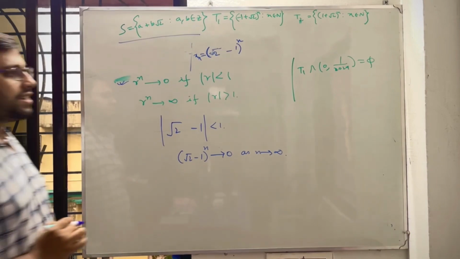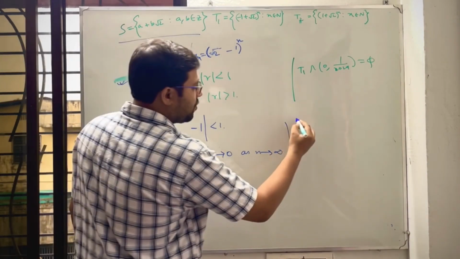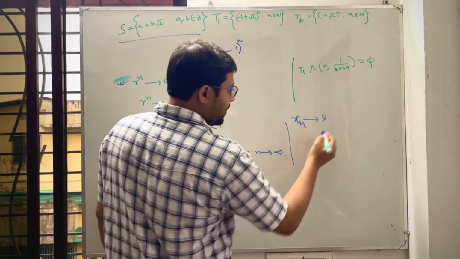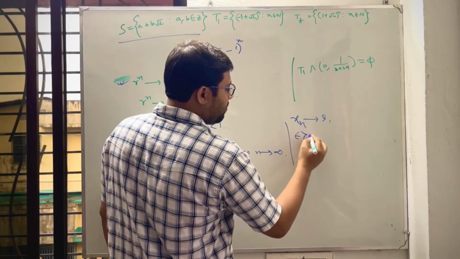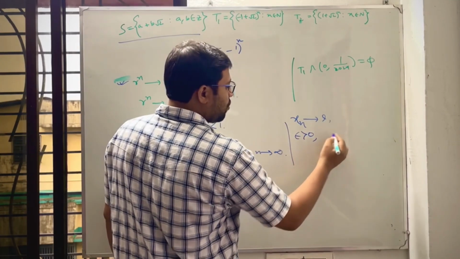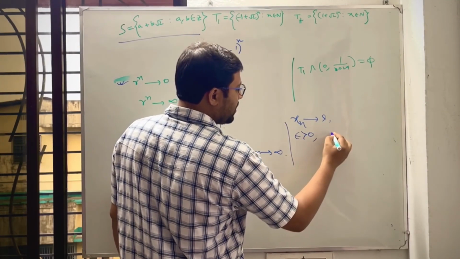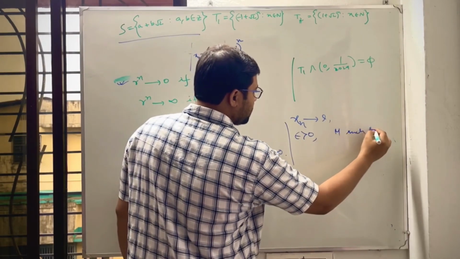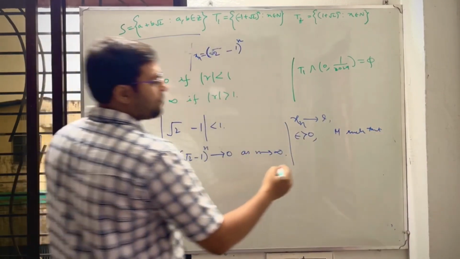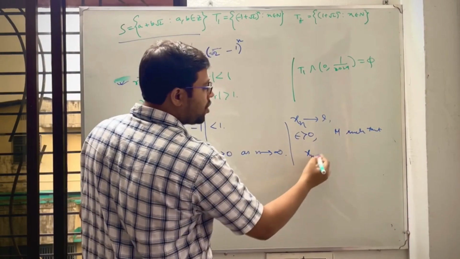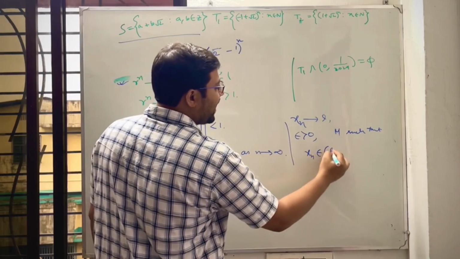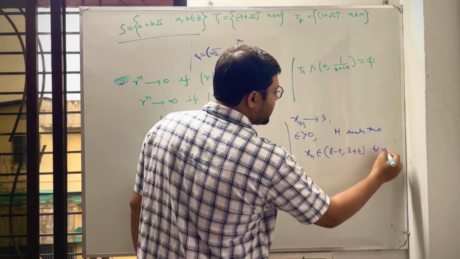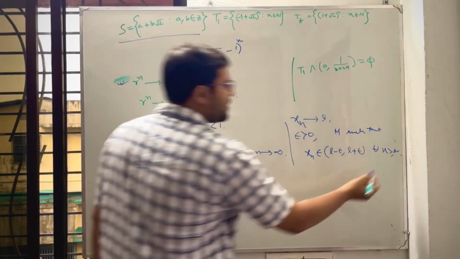Now we know that if a sequence xn converges to a limit L, then for any epsilon greater than 0, we have a number, suppose m, such that after this certain term m, all the elements of xn will lie in this interval (L minus epsilon, L plus epsilon), for all n greater than or equal to m.